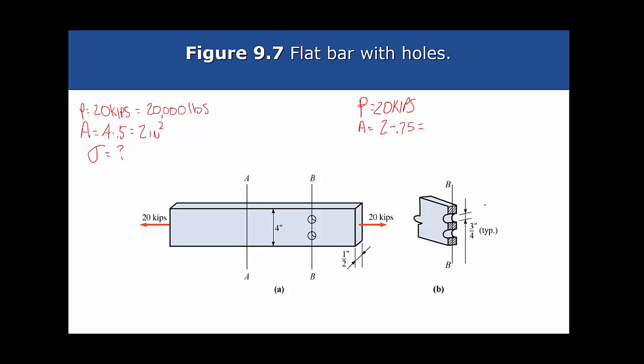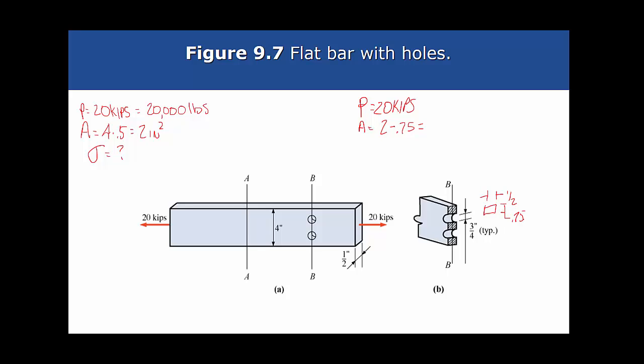This right here that you're cutting out is shaped like that, right? This distance right here is ½ inch. It's a ½ inch thick plate. And then the other distance is a 3/4 inch diameter. And then you've got 2 of those. It's about as broad as it is long, so it's just going to be 3/4 of an inch.